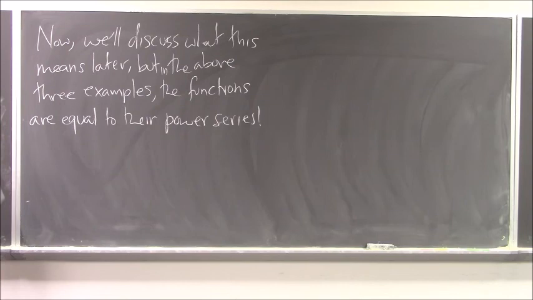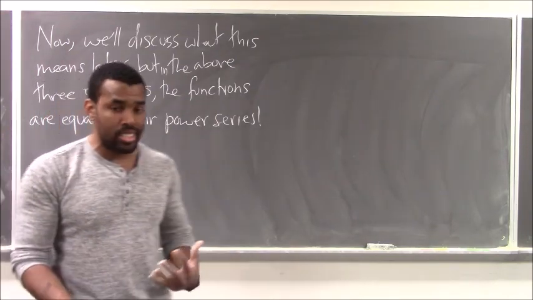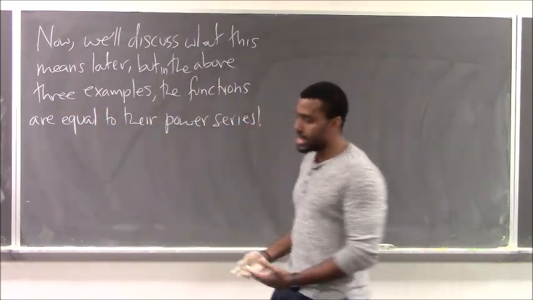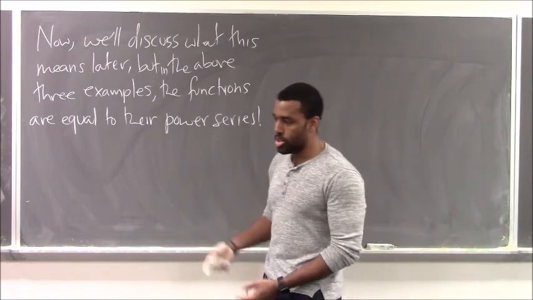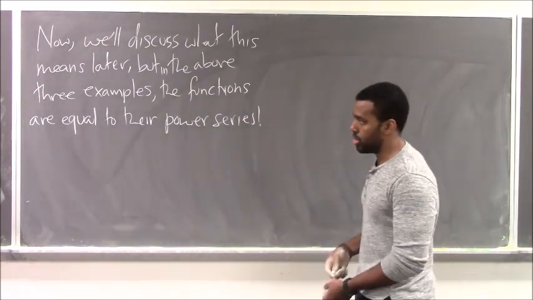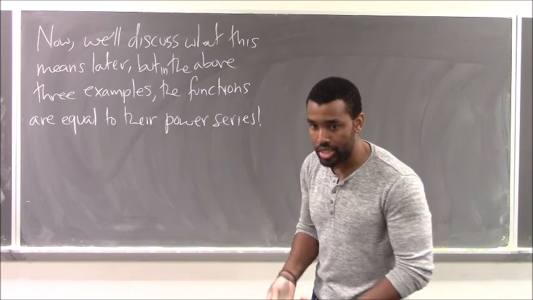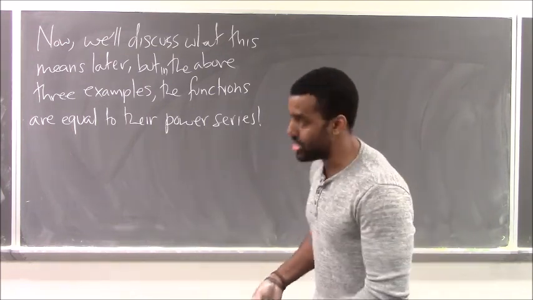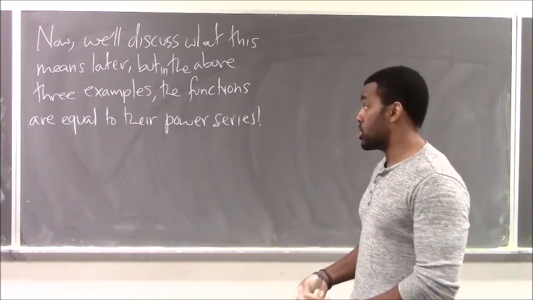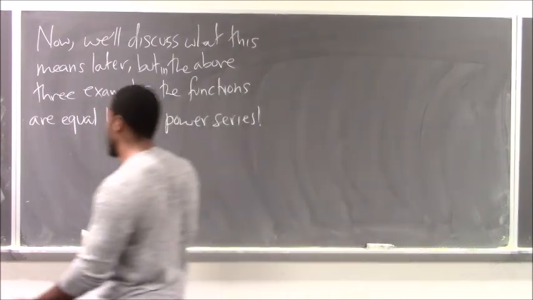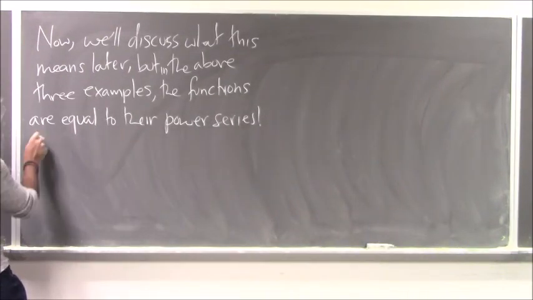That means I can think of e to the x as the series that I wrote down for e to the x, the sum from n goes from 0 to infinity of x to the n over n factorial. I can think of cosine as a series. I can think of the sine as a series. I can think of, in fact, this is also true for 1 over 1 minus x, which we got from a geometric series.